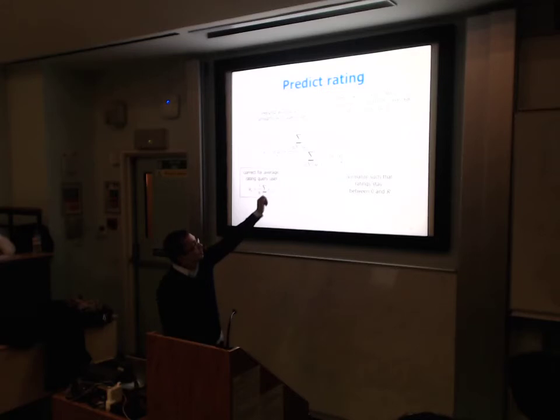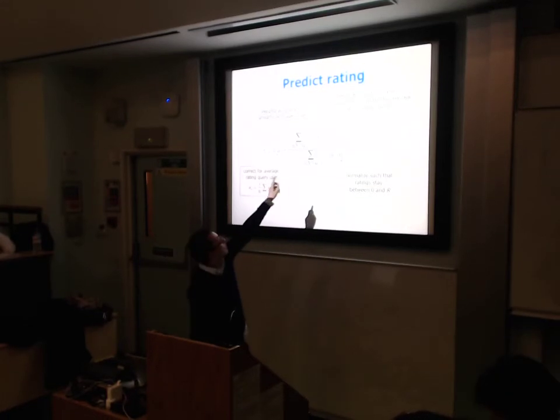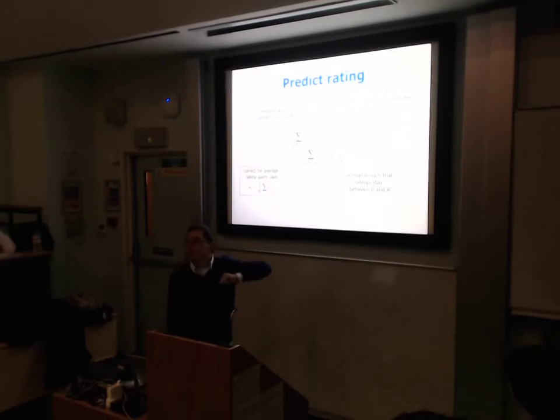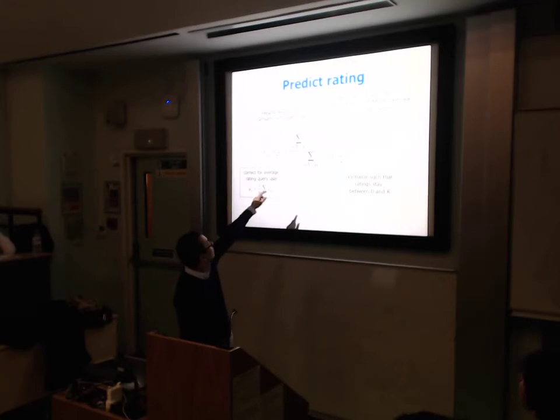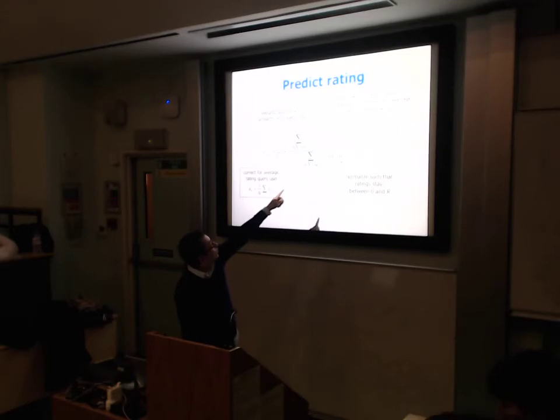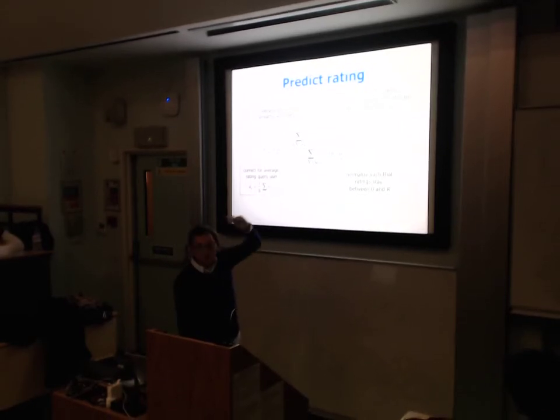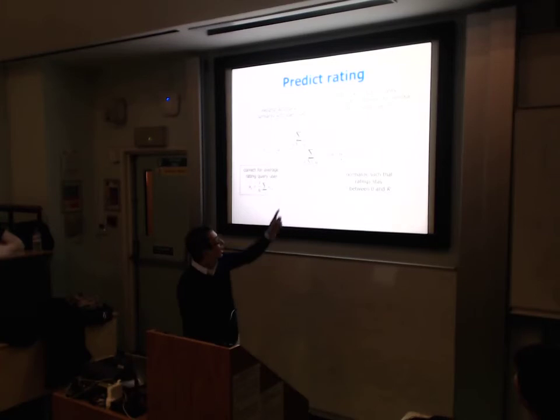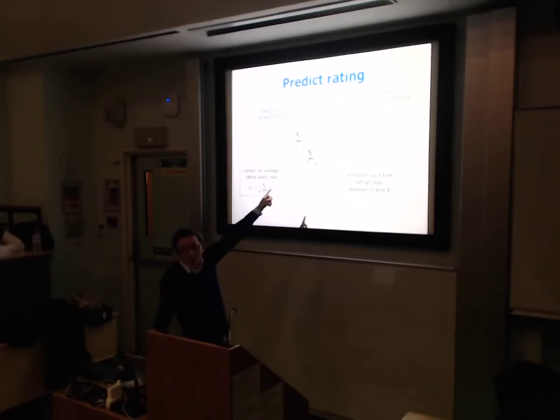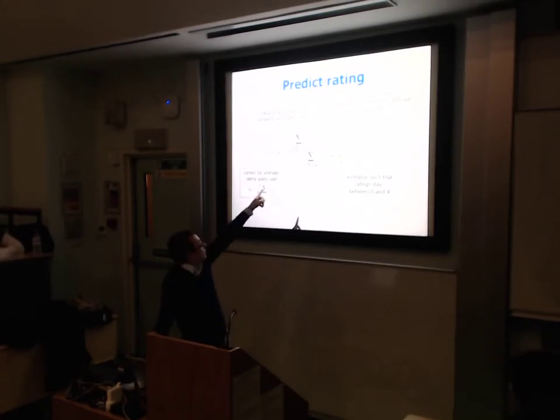So in summary, you get your neighborhood users, which is, let's say, UK here, UA here, and then you look at the ratings there, normalize by subtracting this user's mean, and then take a weighted average across all the similar users.